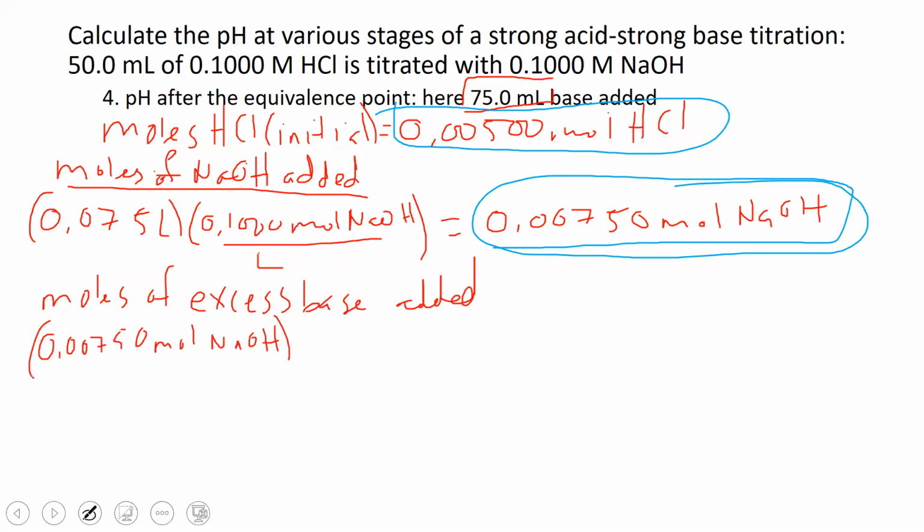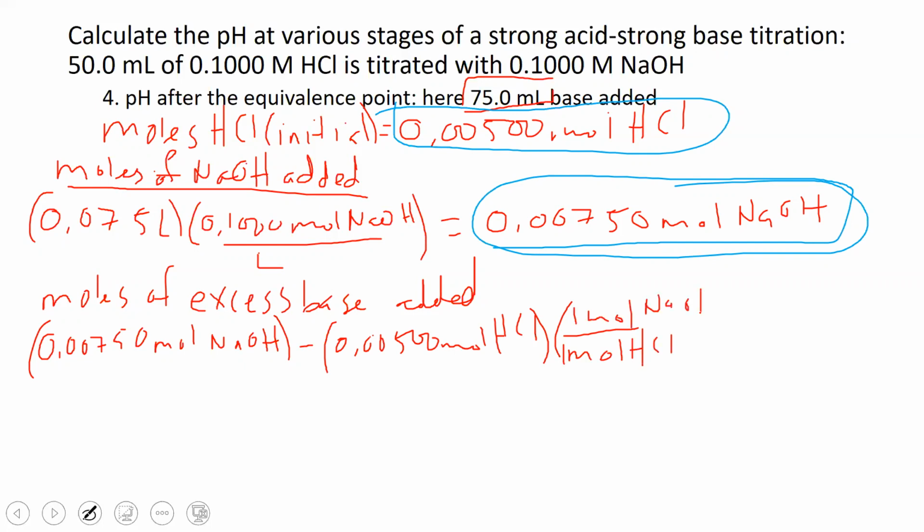are essentially what you need to begin with, and I can subtract off the moles of sodium hydroxide that have reacted because I know how much HCl I started with. And I know that it's a 1-to-1 stoichiometric mole ratio for this reaction, so 1 mole of HCl for every 1 mole of NaOH.